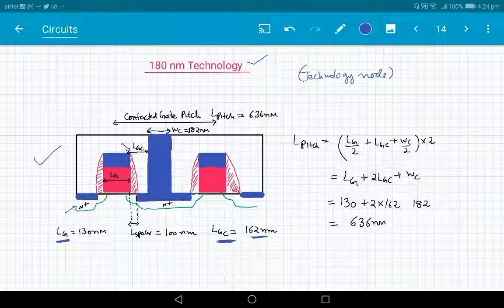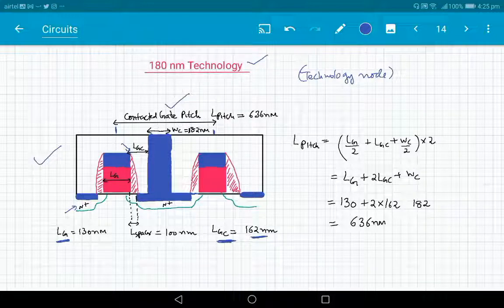And one of the very important dimensions is what we call the contacted gate pitch. This tells us how close can two, let's say, NMOS transistors be. It's basically from the center of the gate here to the center of the other gate here, and the difference between the two.